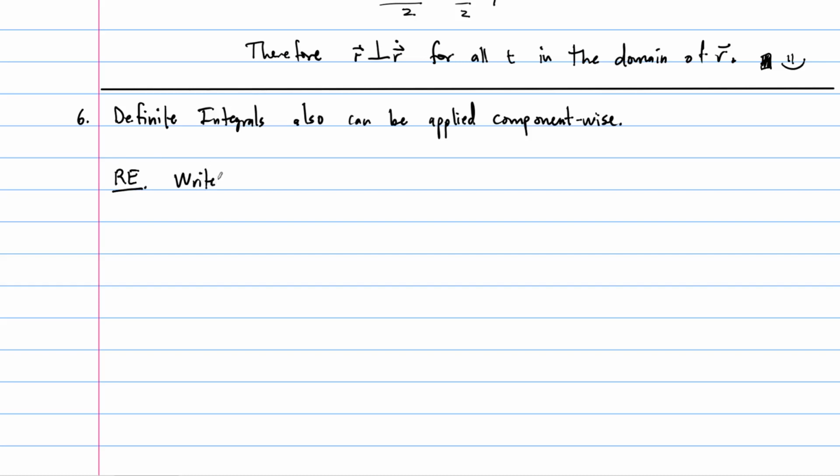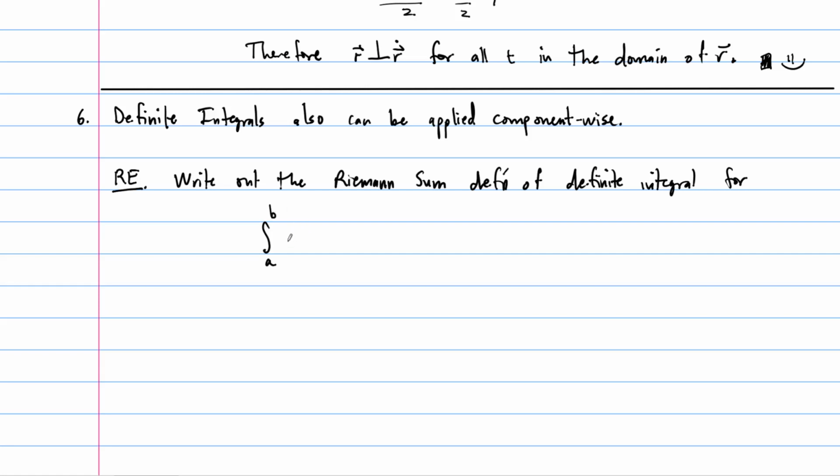So write out the Riemann sum definition of definite integral for, let's just do this, the integral from a to b of a vector function that looks like, say, x of t i plus y of t j plus z of t k dt.